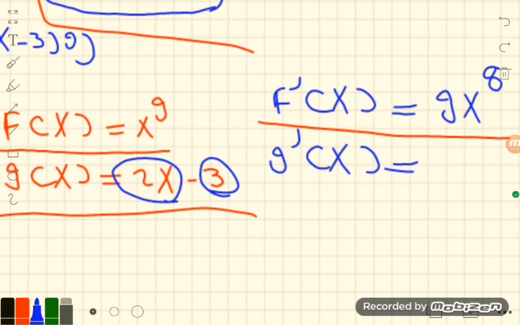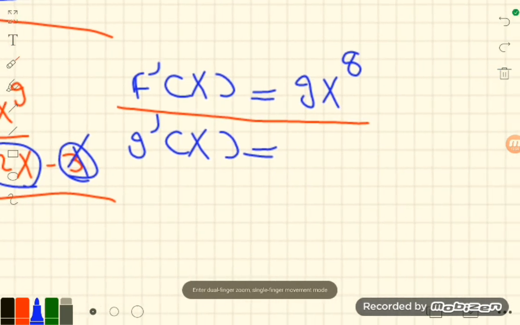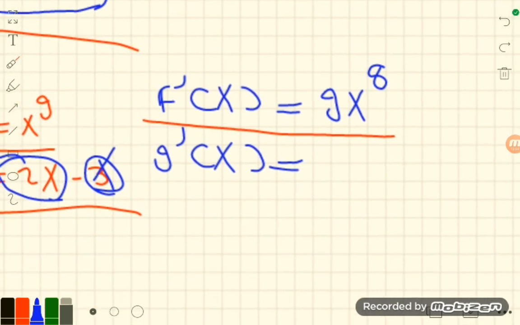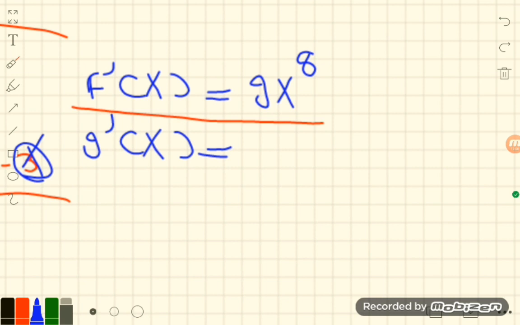The derivative of 2x is 2 times the derivative of x, which is 1, so 2 multiplied by 1 is 2, minus 0. It's going to be equal to 2.